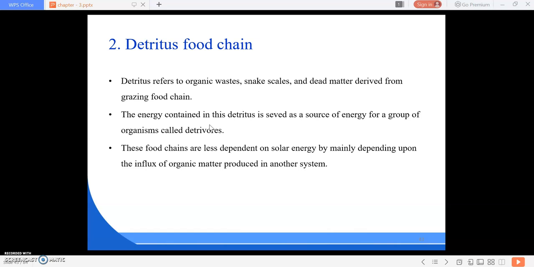In some ecosystems, considerably more energy flows through the detritus food chains than through the grazing food chains. The organisms of the detritus food chain are algae, bacteria, slime molds, fungi, protozoa, insects, mites, molluscs, worms, nematodes, etc.